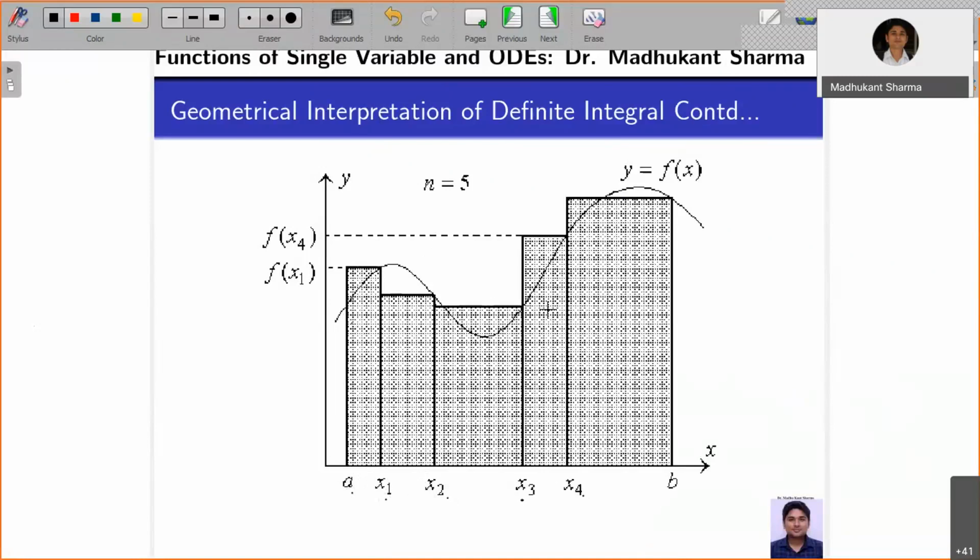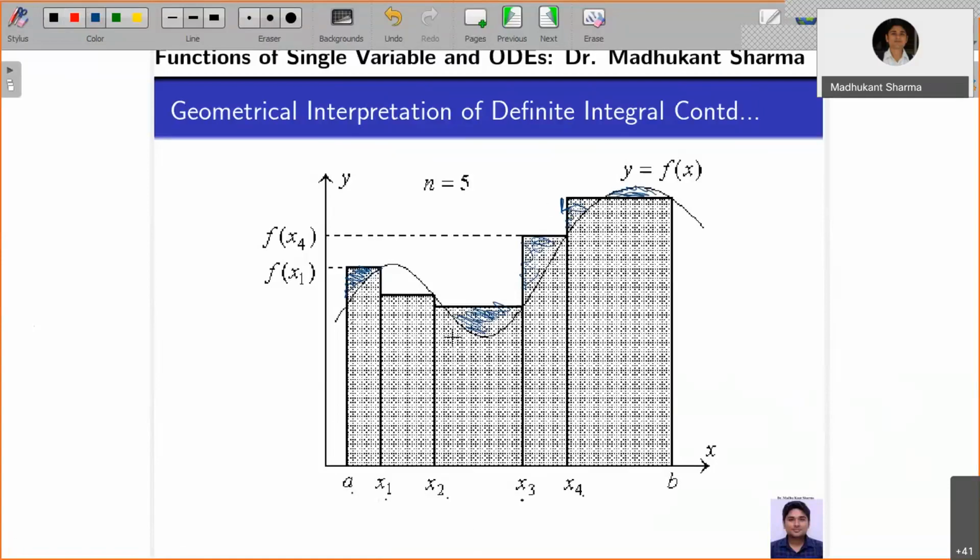Here he is not identifying any tag point so far. So what will be the error here? If you look at this graph, this is the error, plus this will also be the error, and this, and this part also is left, so that is also error.